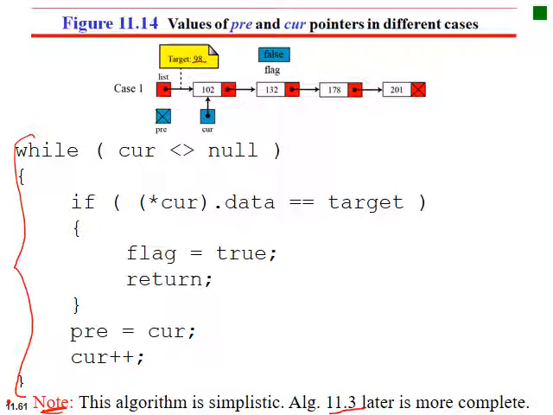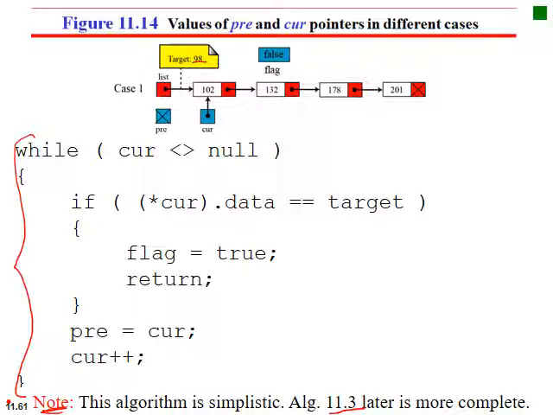So what we're going to do here is figure out this loop: while current is not equal to null. All right, that means we still have elements to traverse.